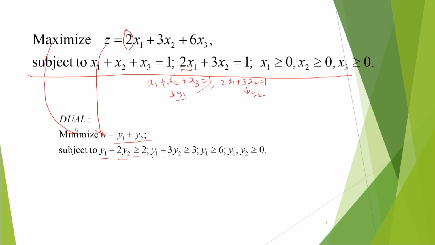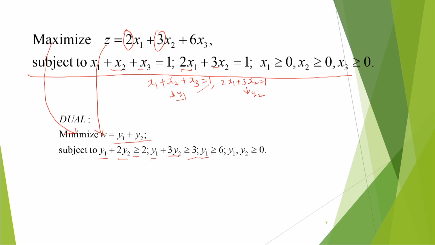Then y1 plus 3y2 greater than or equal to 3, because x2's coefficients are 1 and 3. Similarly, corresponding to x3 we have y1 only, since x3 is not there in the second constraint, so y1 is greater than or equal to 6.